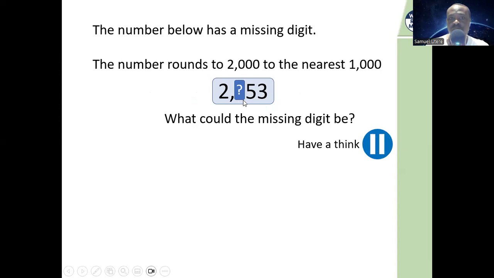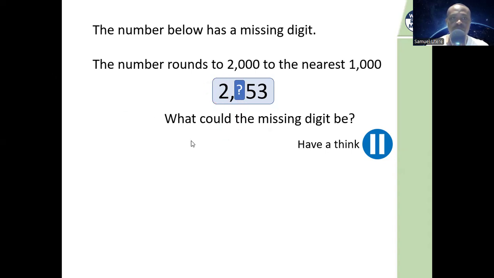If the number rounds to 2,000 to the nearest 1,000, and we're focusing on this digit, which is the hundreds, because we're rounding to the nearest 1,000, then it has to be less than 5. Have you thought about that? It has to be less than 5.